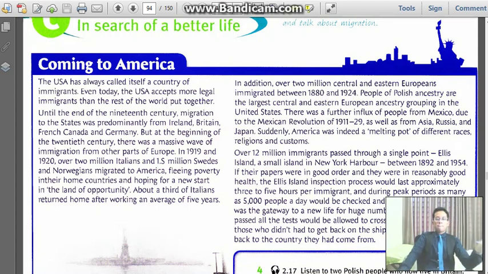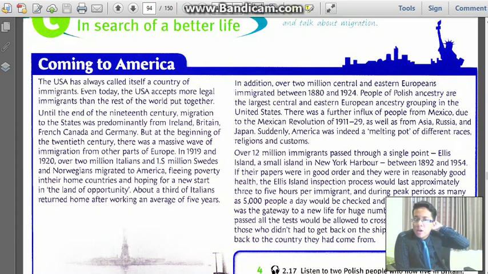By reading, we know even more clearly what the New York Harbor is: Ellis Island, a small island in New York Harbor. That is the place before the entrance into the city, New York City.